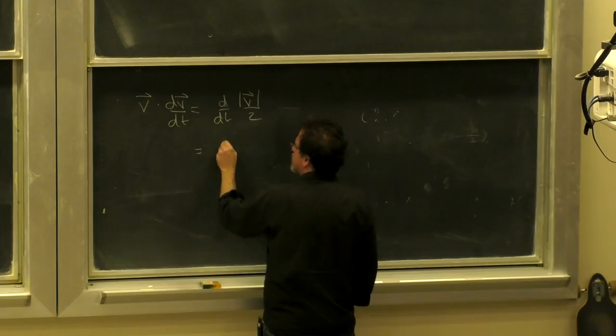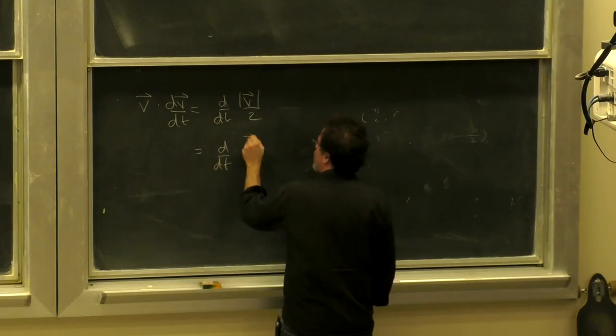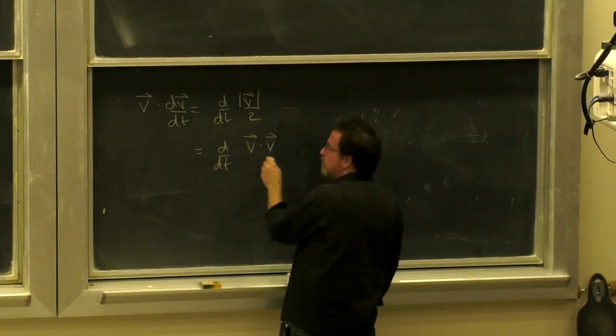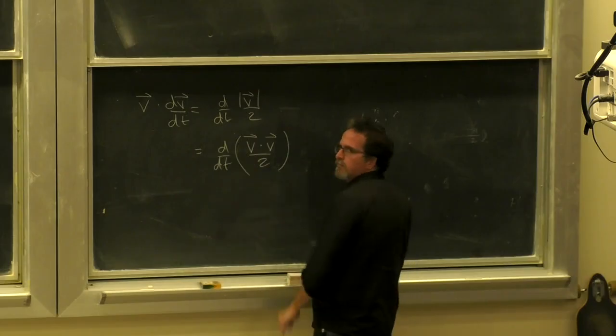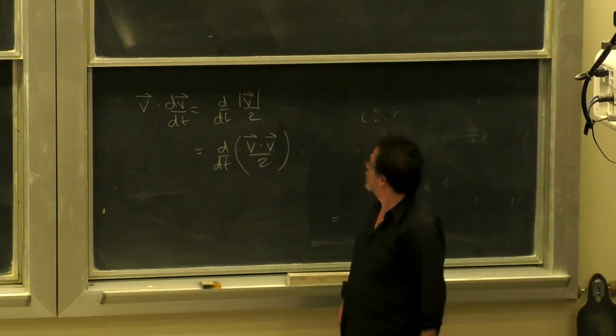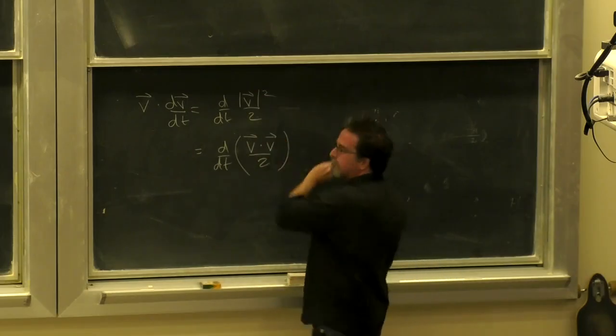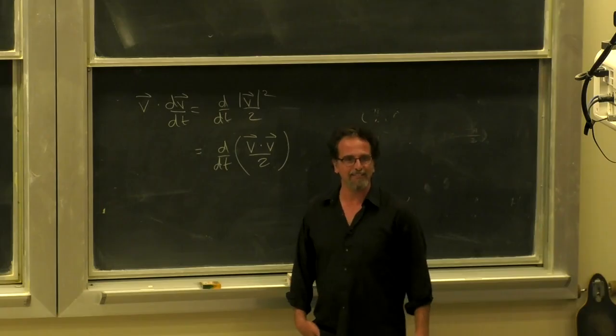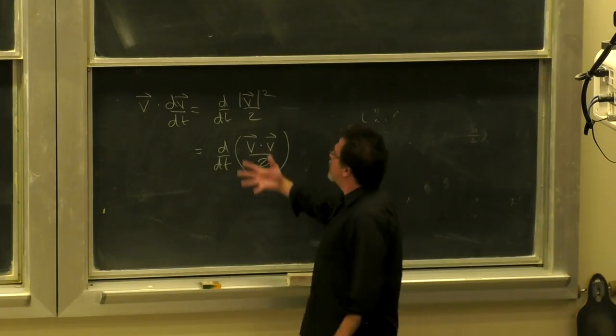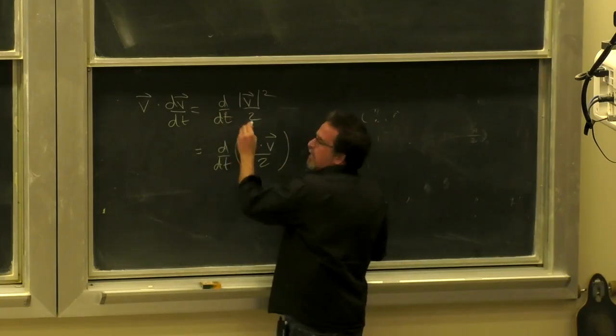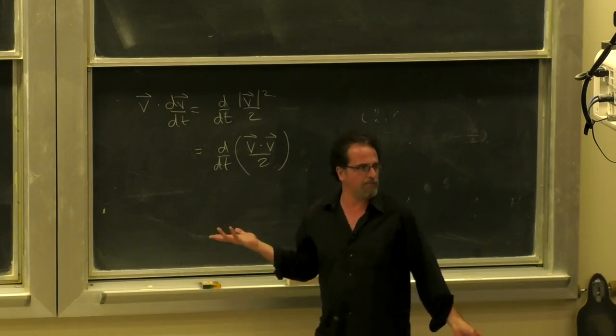Or put differently, this is the time derivative of v dot v, because that's the magnitude of v squared, divided by 2. Okay? This is a straight up application of the chain rule.